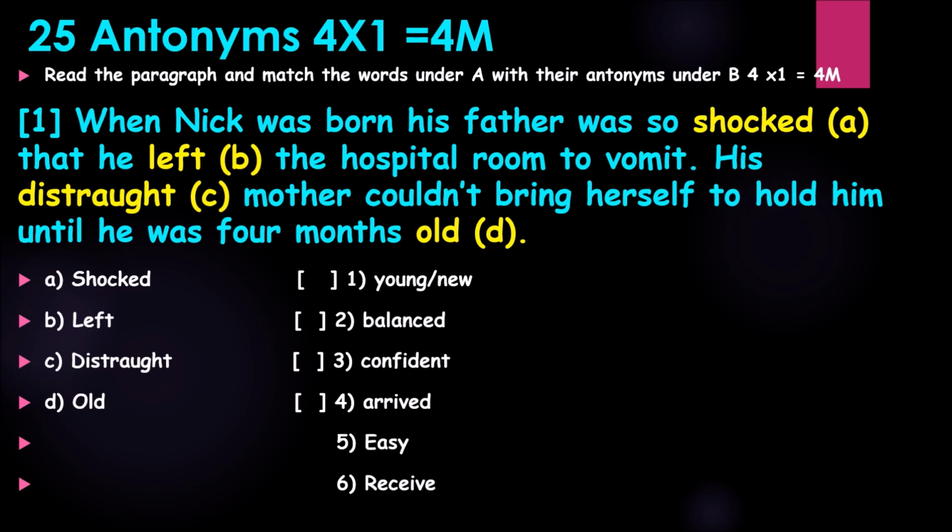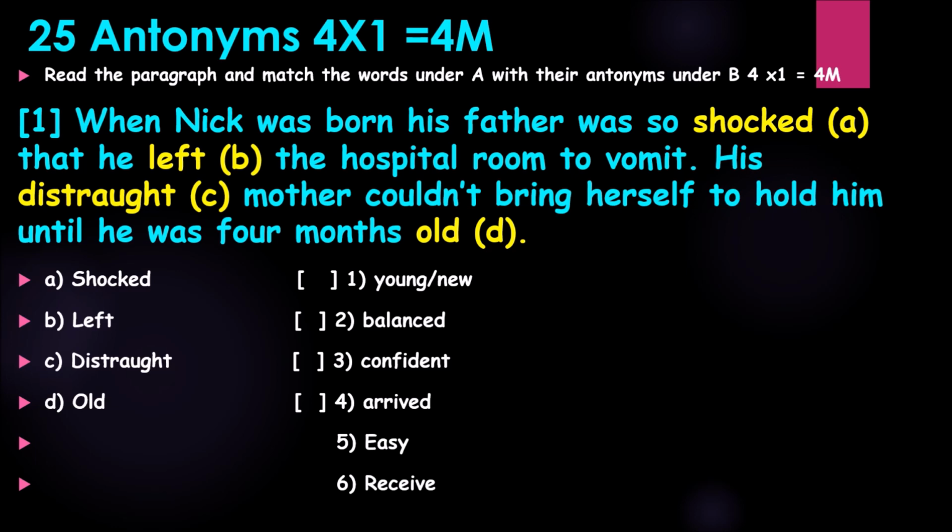Now the words here are shocked, left, distraught, old. And the options are young or new. Actually you will get only one. The other one will be distracted, but I gave it in the same one. Balanced, confident, arrived, easy and received. Remember there will be two more excess words. So you have to choose the 4 correct words.